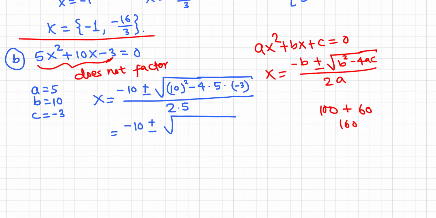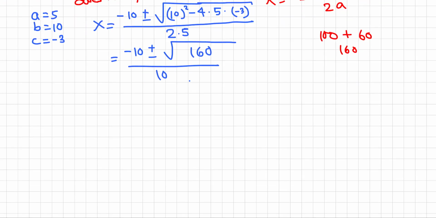Note that if you take the square root of 160, you're going to get a decimal number. That's why this doesn't factor. If it were factorable, then we would have a perfect square number here. All over 5 times 2, 10.